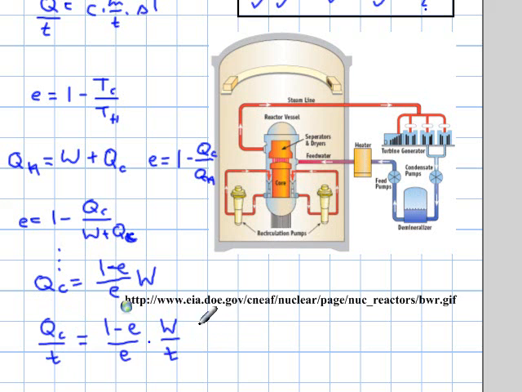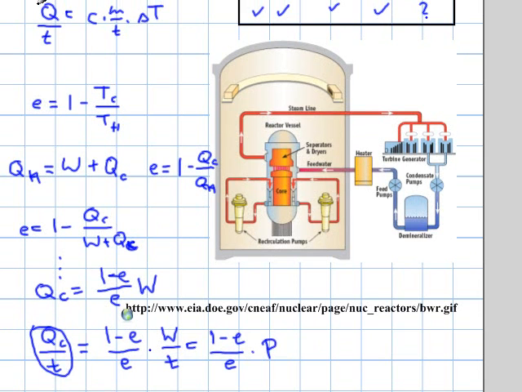Of course this one here is power, so I can also write it as such, 1 minus E over E times power. And now I recognize that this one here of course is the same as this one here, because that's the heat that goes into the river.